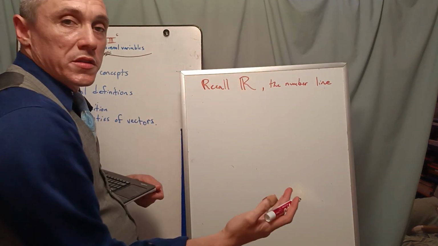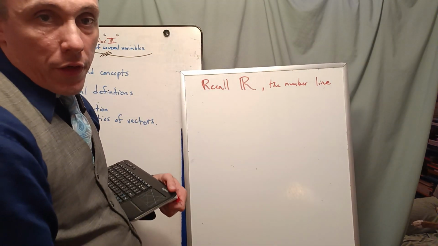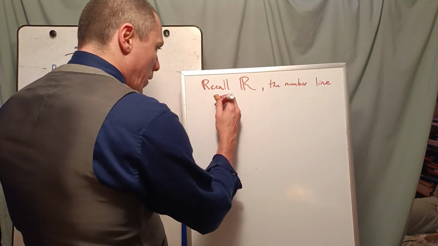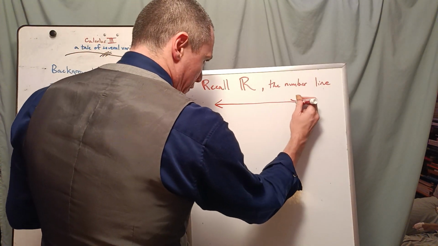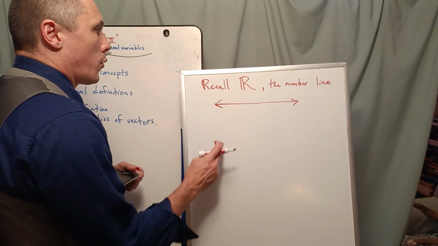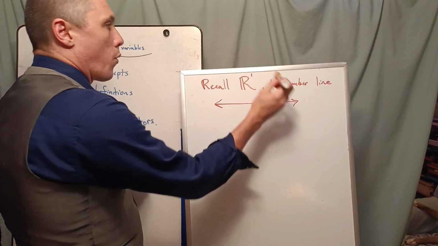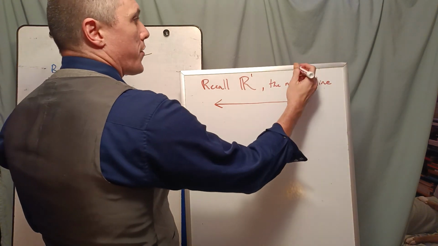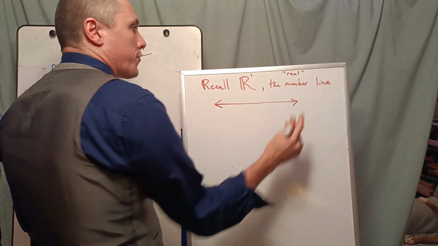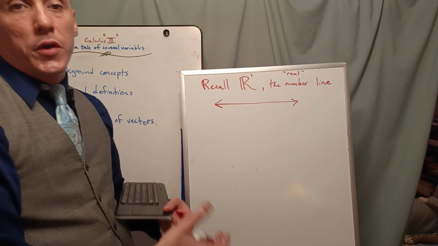So one space that we're probably all familiar with is the real number line. It's a visualization of the real numbers as laid out on some line. We would call this R1, and we specify that the numbers we're talking about are so-called real numbers.